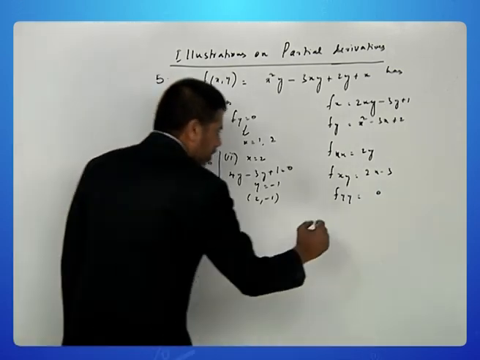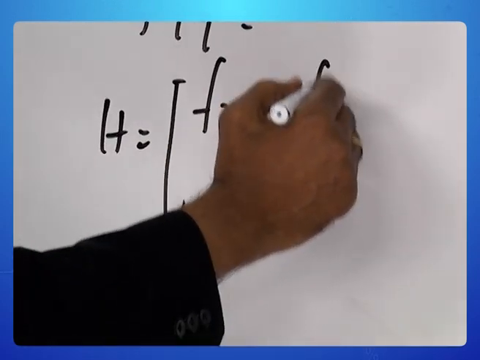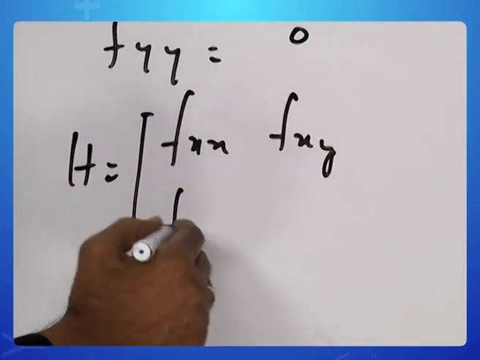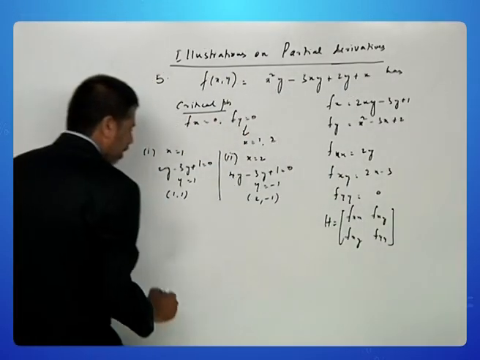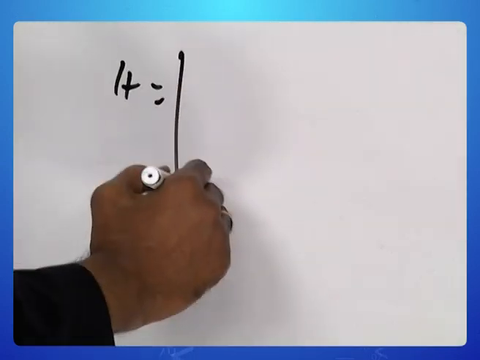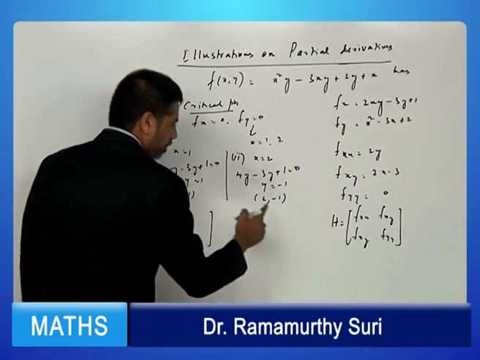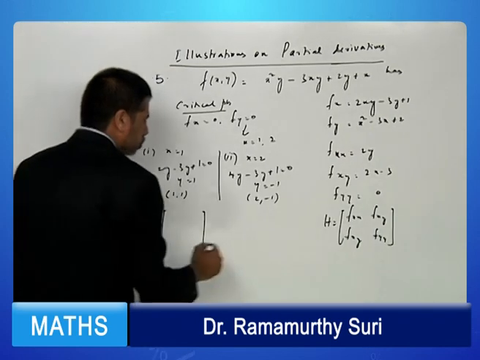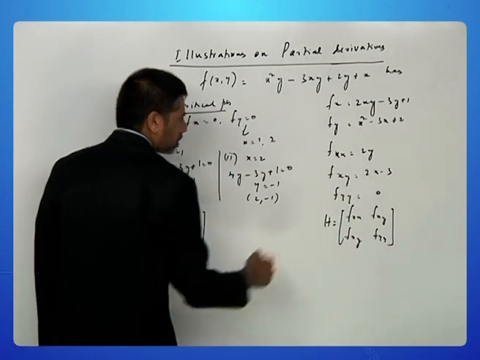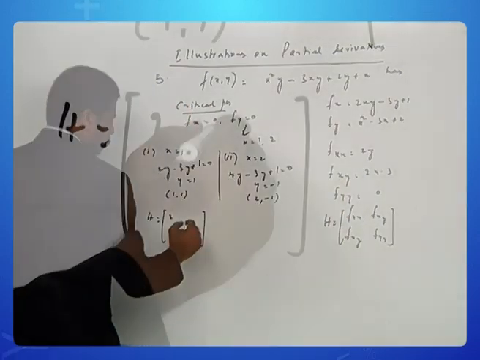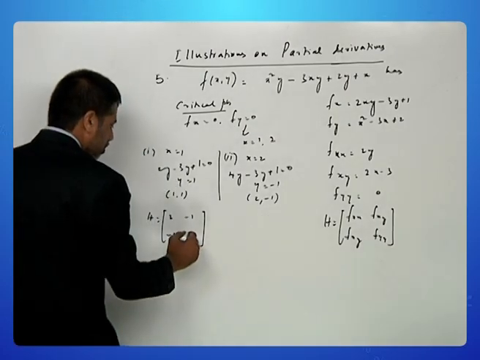Now, we all know the Hessian matrix has the structure. So let us work out the Hessian matrix in both the cases. For this 1, 1 combination, fxx is 2, fxy is minus 1, again minus 1, fyy of course is 0.